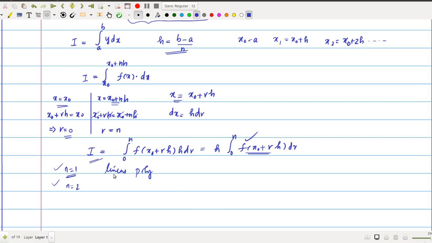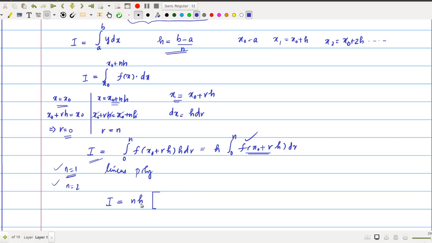Okay, so we are not going to write all these Newton's interpolation formulas here, but we write the final answer for this. After integrating and applying limits, you will get this integral will be nh times. So this is the formula. So you need to remember this formula as far as this Newton Cotes quadrature formula is concerned.